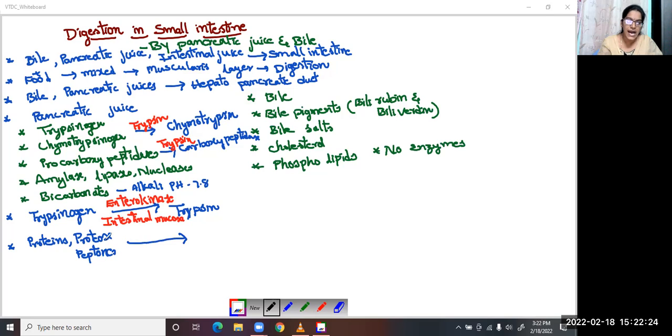So these all are the partially digested proteins that get converted into dipeptides, in the presence of trypsin or chymotrypsin or carboxypeptidase.